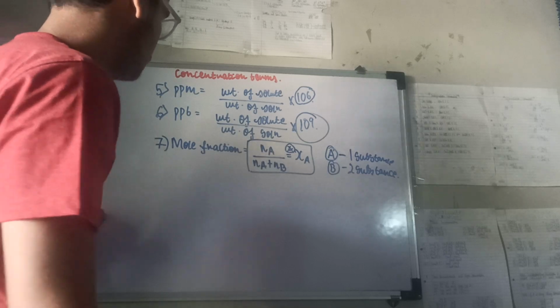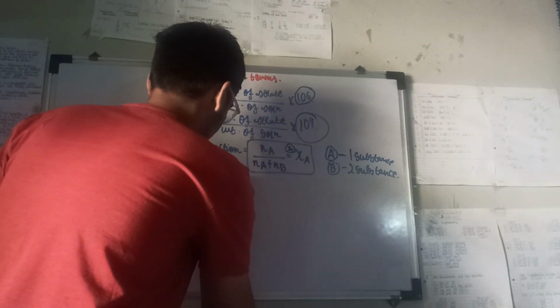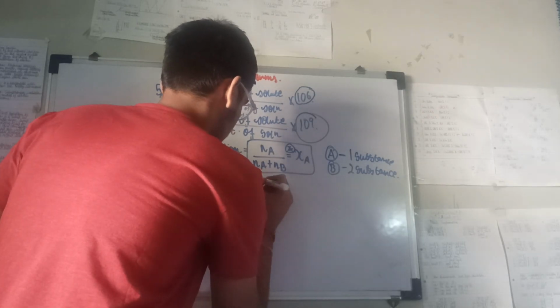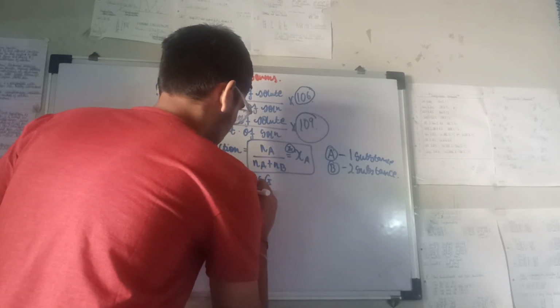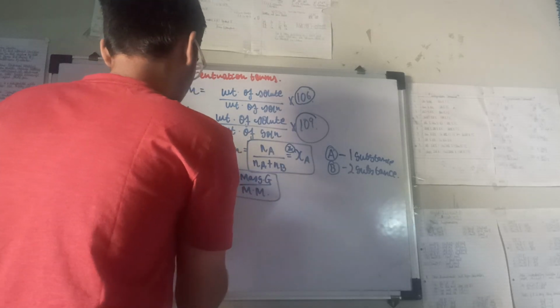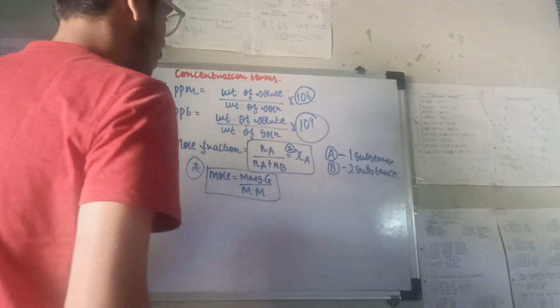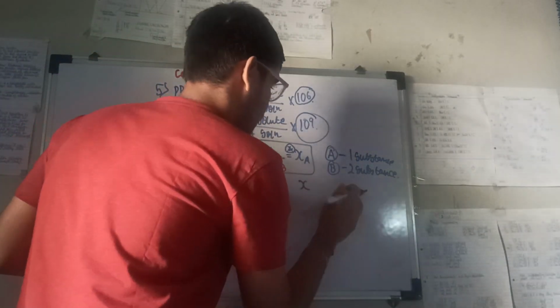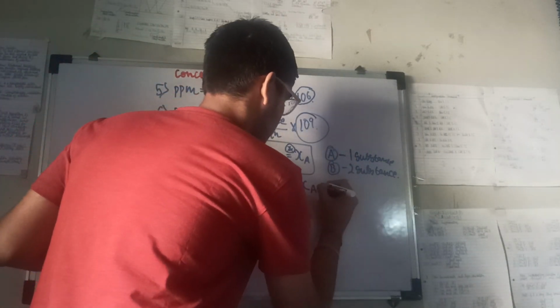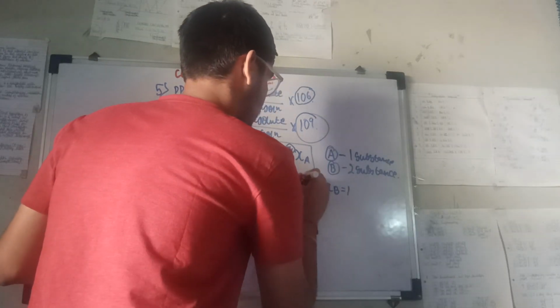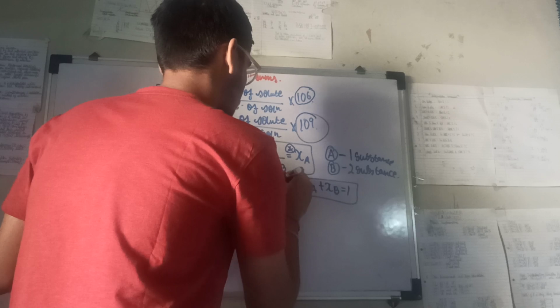So the basic formula of mole you all know, that mole is equal to mass given by molar mass. Also you have to remember that in this case chi A plus chi B is equal to 1.